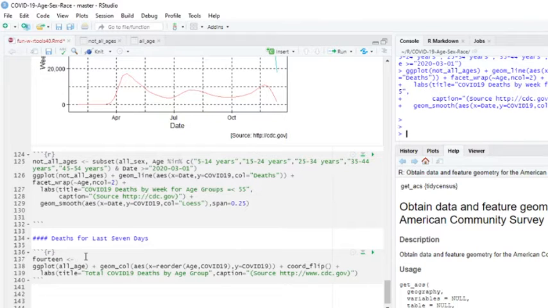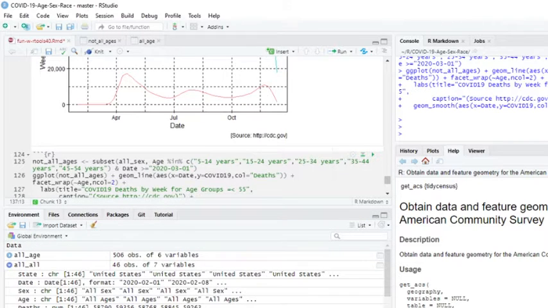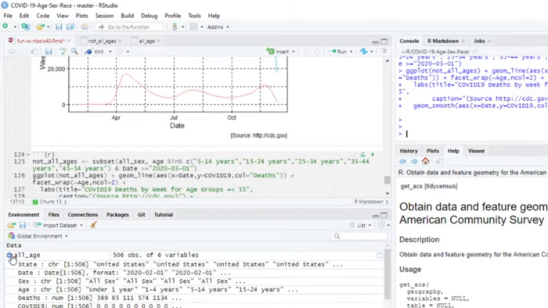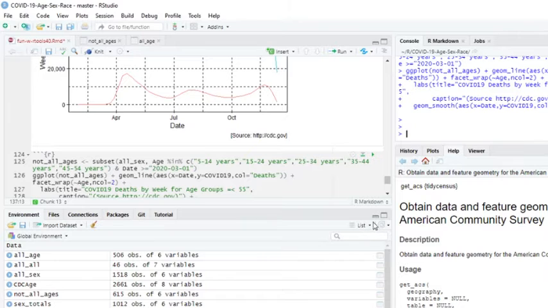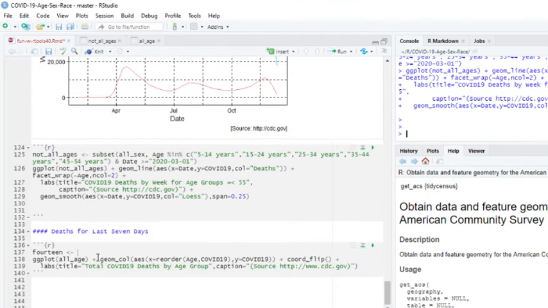Let's say last 14 days. All ages. Does all ages have a date? Yep. All ages. Let's see.